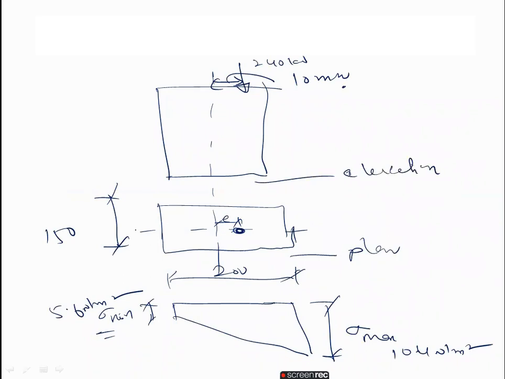In the plan, this is the x-axis and this is the y-axis, this is the position of the point load, and this is the eccentricity E. In the elevation, this is the 240 kilonewton load with eccentricity E of 10 mm. Now we have to calculate the minimum and maximum stresses.